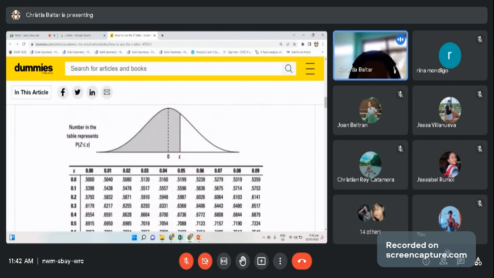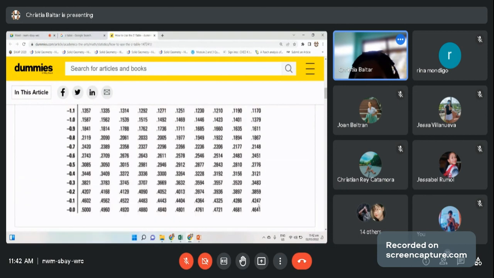We want 0.475. Where is it closer? Class, is it closer to 0.4761 or closer to 0.4721?